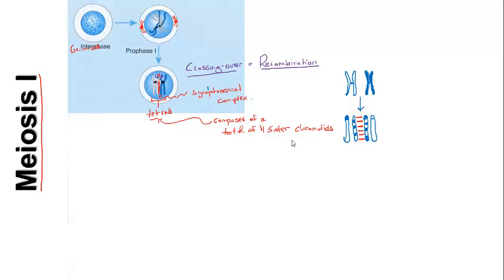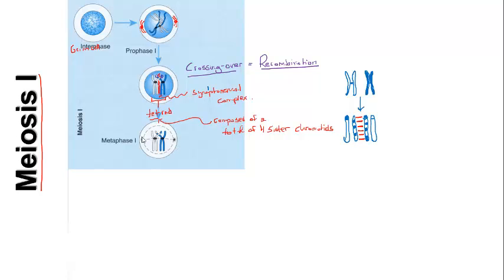Except in this case, the tetrads are lining up in the middle as a result of the pulling and pushing of the mitotic spindle emanating from either centriole, or as the book says, centrosome at either pole of this cell.